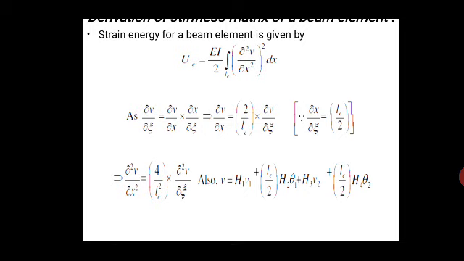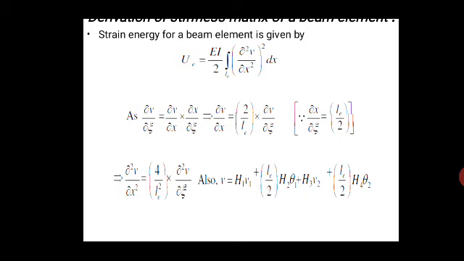Then we can write the equation as ∂²v/∂x² is equal to, differentiating what we have considered, 4 by Le square into ∂²v/∂ζ².